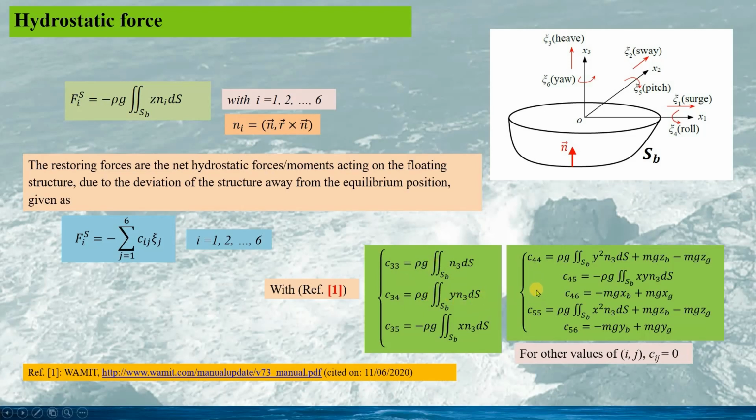Here we can see a total of 8 out of the possible 36 are non-zero, and the other coefficients are all zero. In addition, depending on the symmetry of the floating structure, some of these coefficients might vanish. For instance, for a vertically floating circular cylinder, C34, C35, C45, C46, and C56 would all be zero.